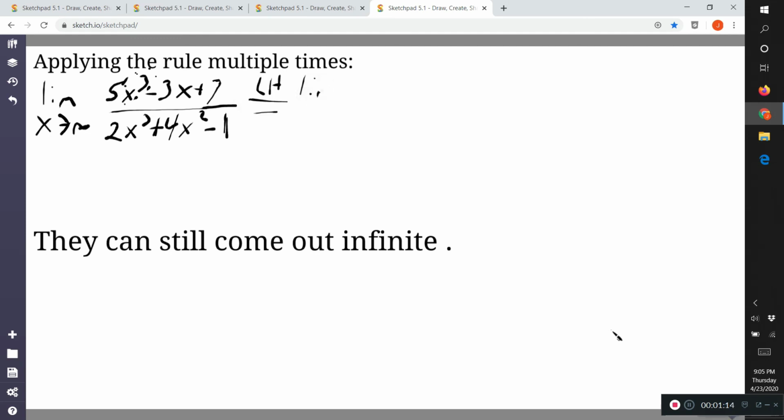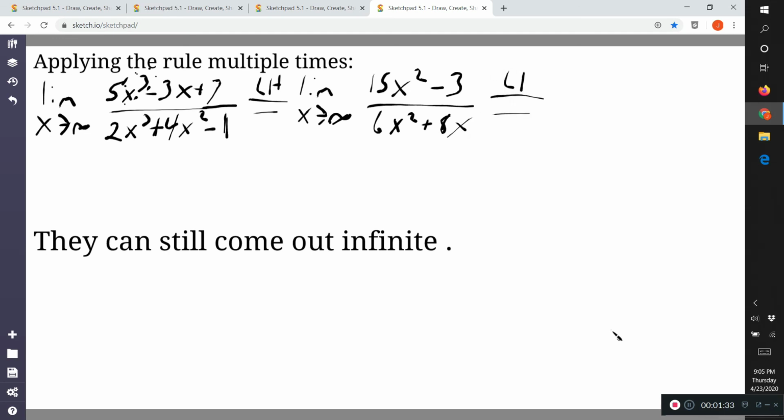And you get the limit as x goes to infinity of 15x squared minus 3 over 6x squared plus 8x. If I plug infinity in again, I'll still get infinity over infinity. So we're going to apply L'Hopital's rule a second time. And I will get the limit as x goes to infinity of 30x over 12x plus 8.